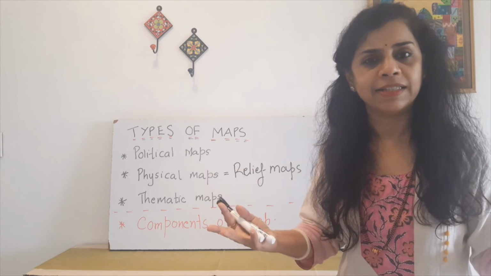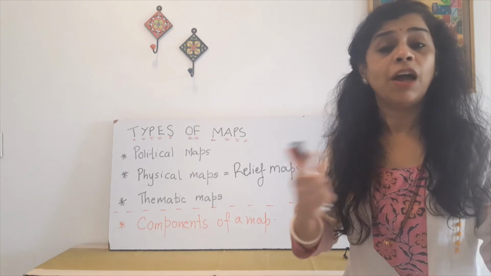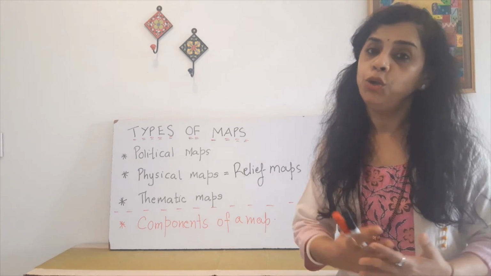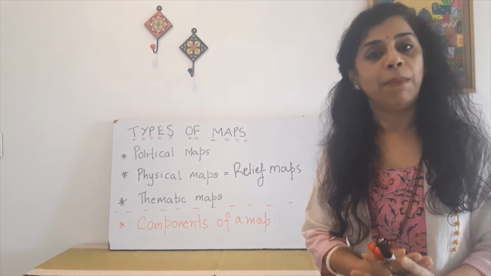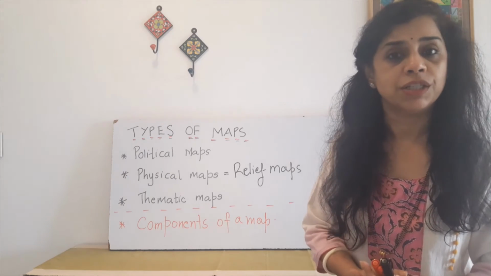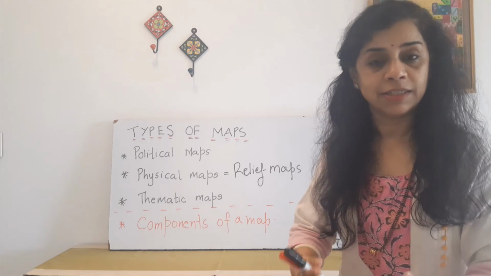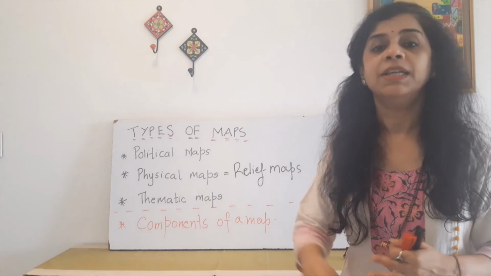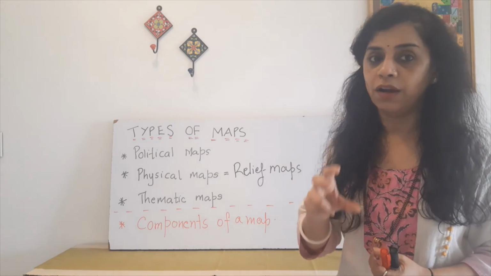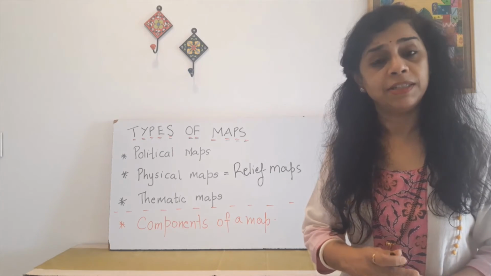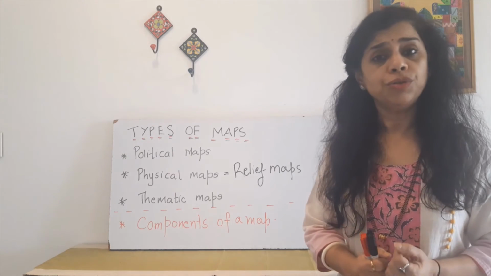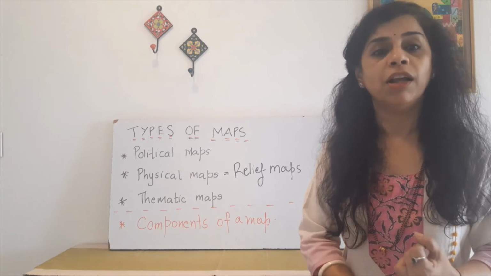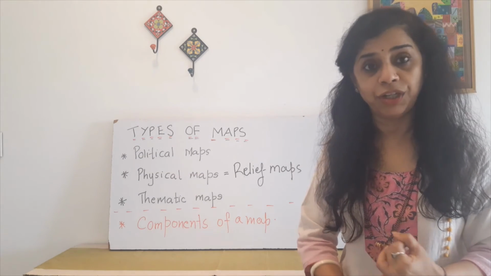Or say lakes. Anything. For example, take the tourist map. On a tourist map, you will find places that might be interesting to the tourist, or hotels where the tourists can stay. So a thematic map is a map which focuses on a theme. If I say a tourist map in Goa, what will you find? You might find the Bonla Wildlife Sanctuary, Mole.